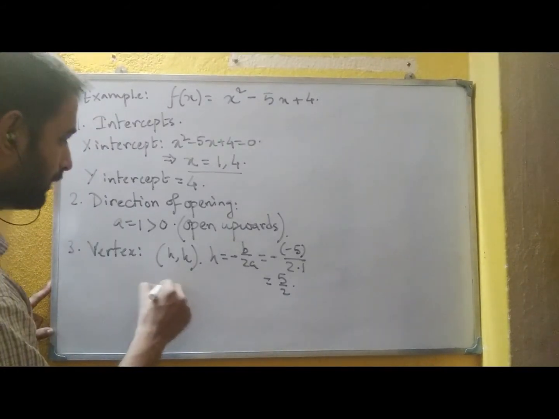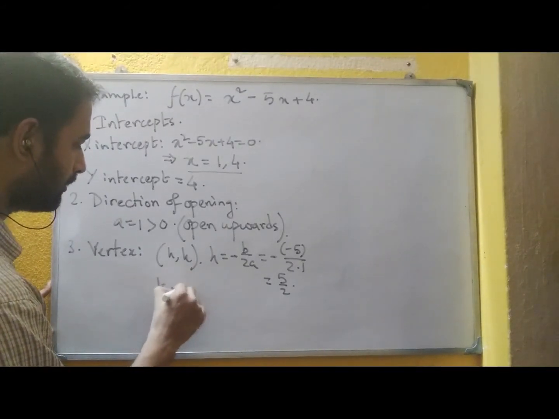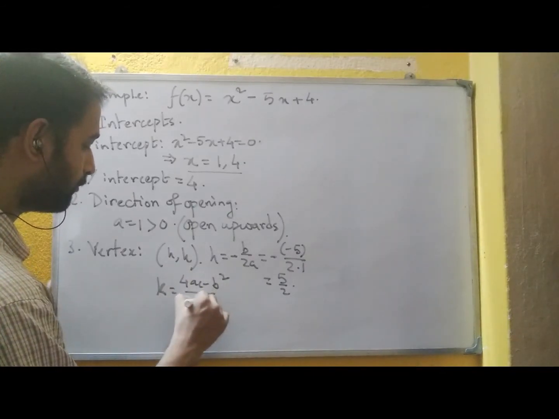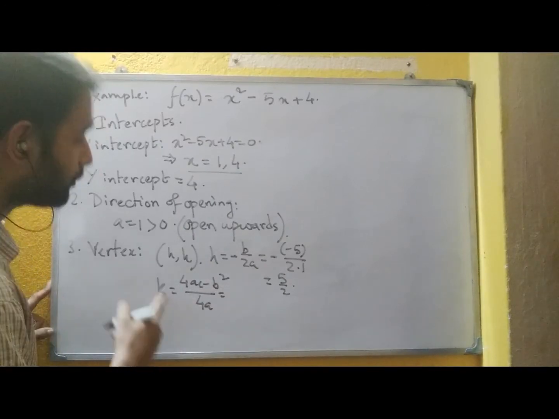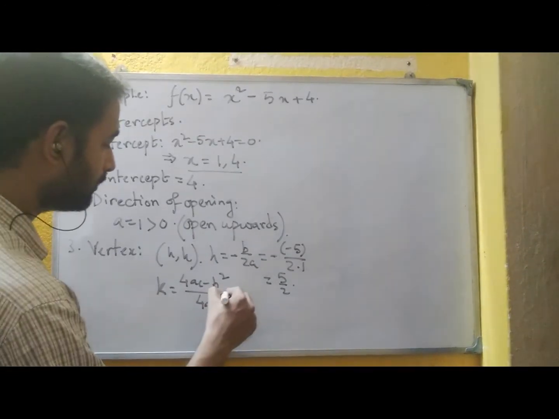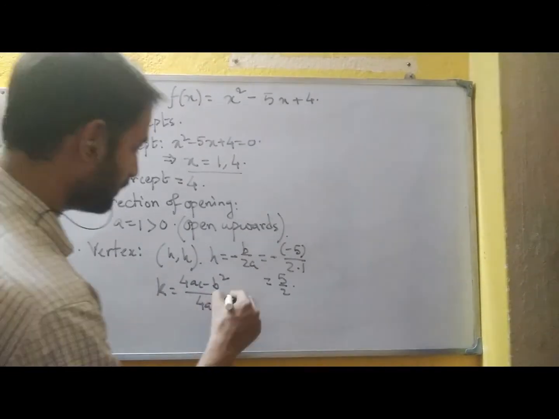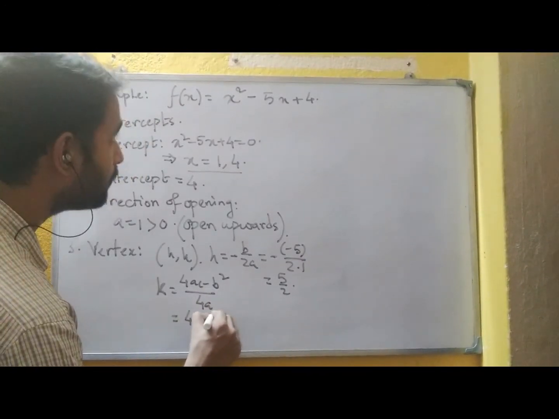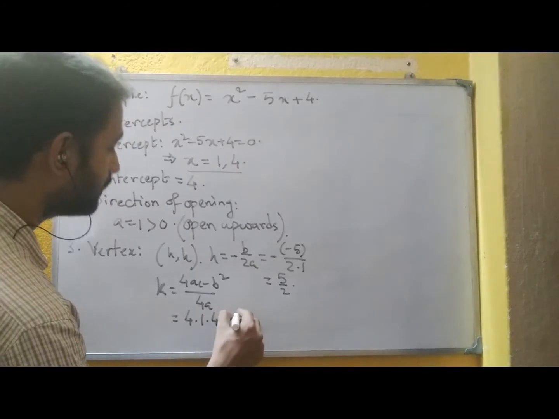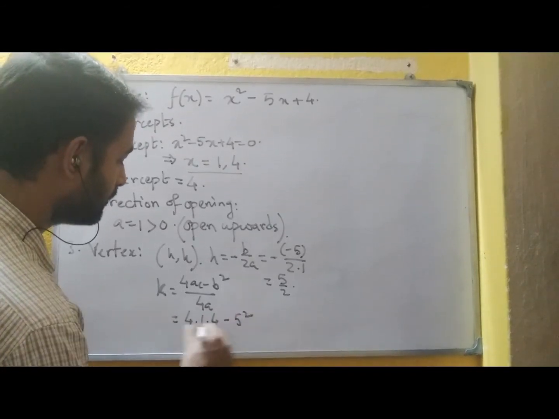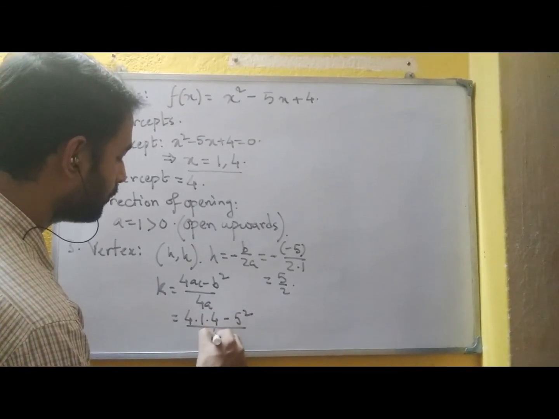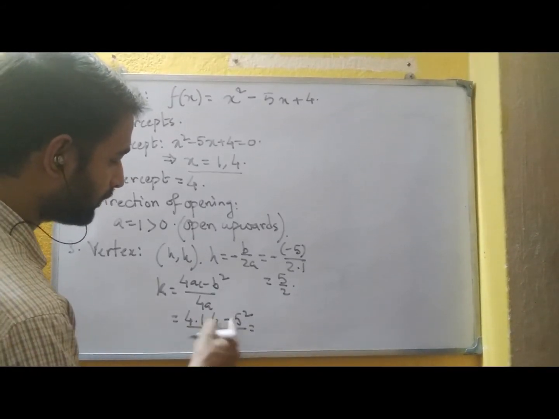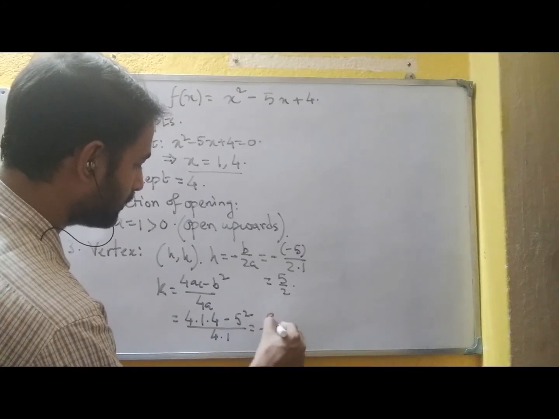And the value of k is 4ac minus b square by 4a. So if you put the values, it is 4 into 1 into 4 minus 5 square divided by 4 times 1. So it's 16 minus 25. That means it is minus 9 by 4.